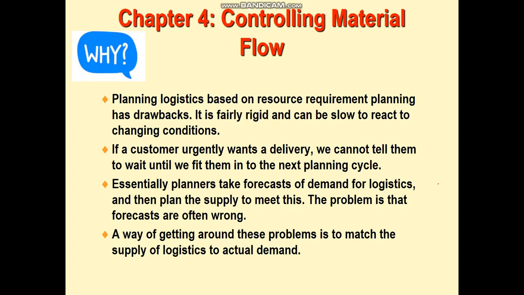If a customer wants a delivery urgently, we cannot just tell the customer to wait until we fit the orders into the next planning cycle, right? For example, we are planning for period A and that product is not included in this period.